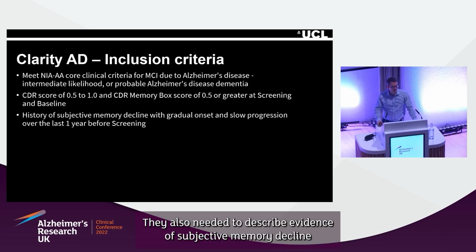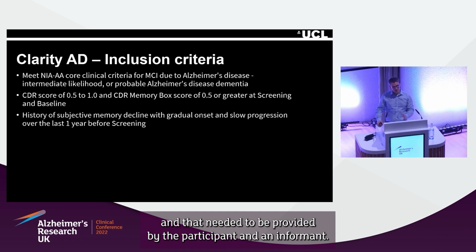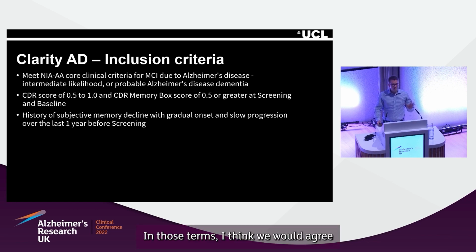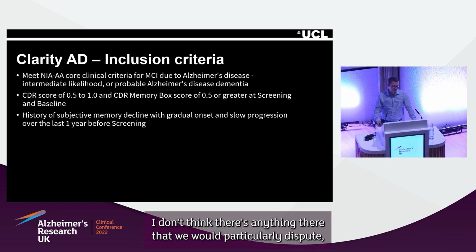They also needed to describe evidence of subjective memory decline with gradual onset and slow progression over at least a year, and that needed to be provided by the participant and an informant. So, in those terms, I think we would agree that these sound like people that have Alzheimer's disease. I don't think there's anything there that we would particularly dispute.